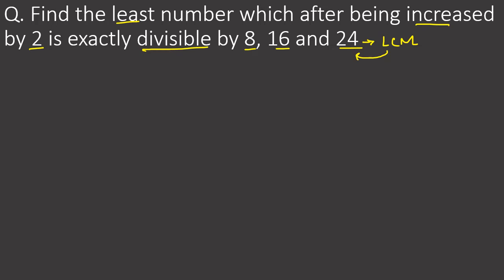But we have to find out the number which after being increased by 2 is exactly divisible. So after finding the LCM of these numbers, we will subtract 2 from that LCM so that we could get the least number which is required.